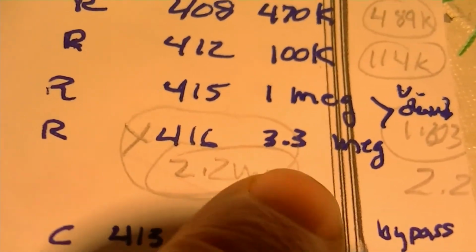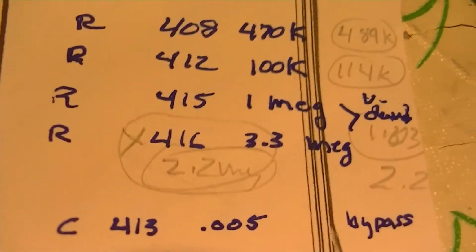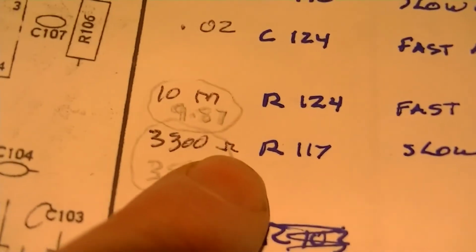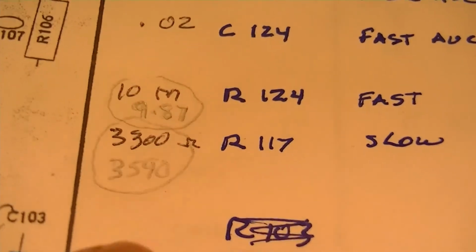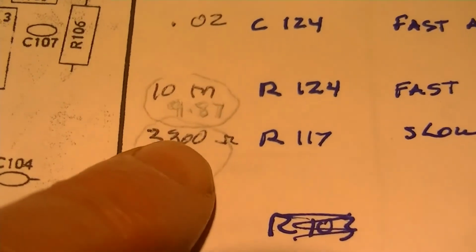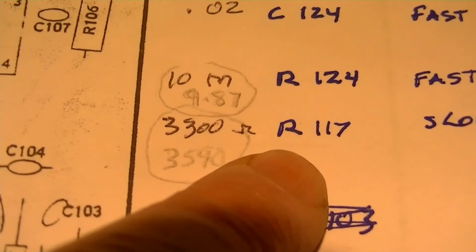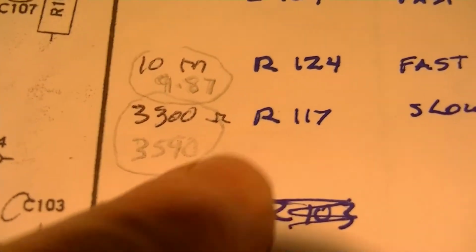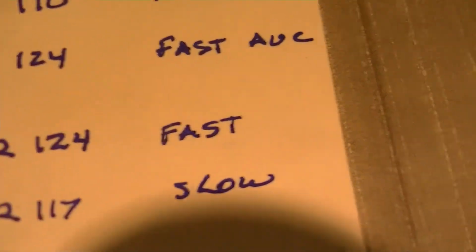And this one, of course, we know is way off the reservation. Now, the other ones are, let's see, R124 and R117.